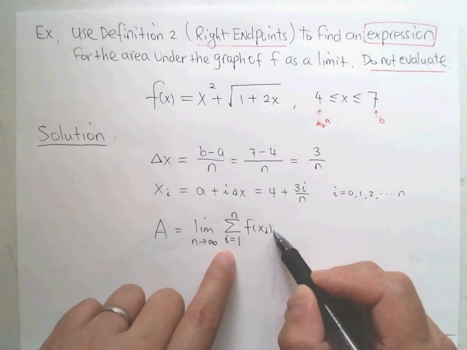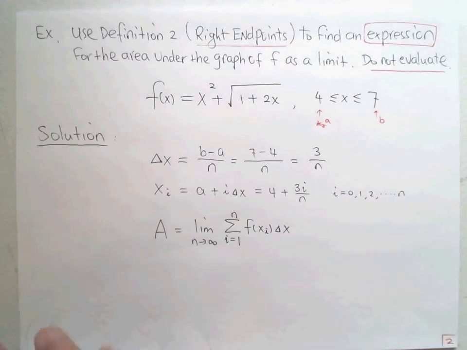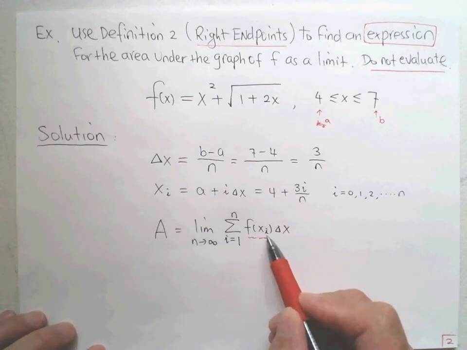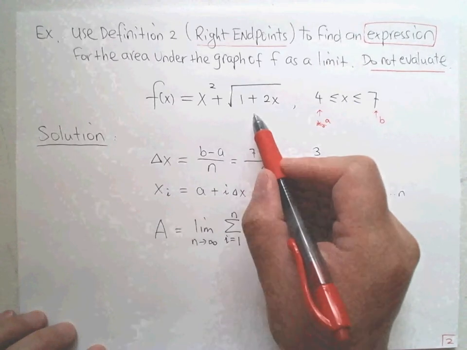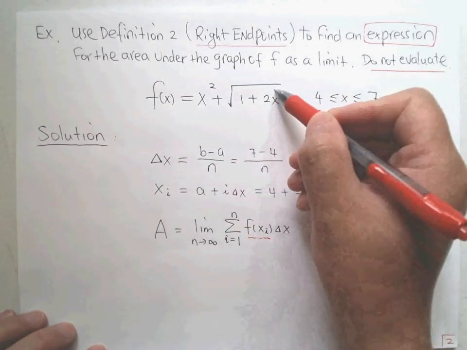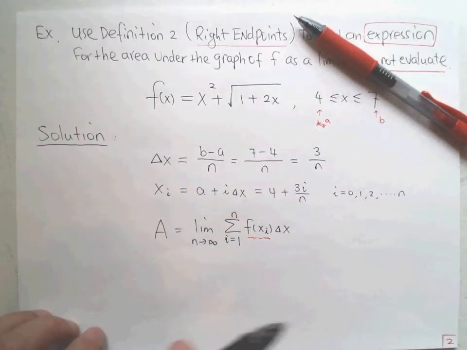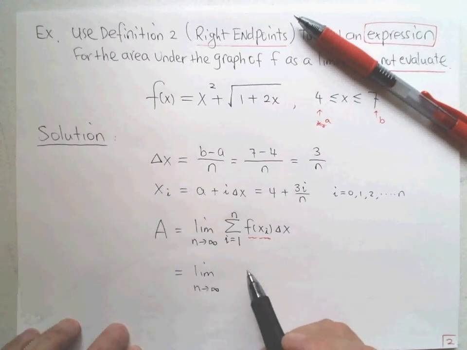So I just write the formula: f of xi times delta x. All we need to do is evaluate the function at xi. We do know xi, we do know f. So just plug xi into the function f, so we can write the general expression, which is this.